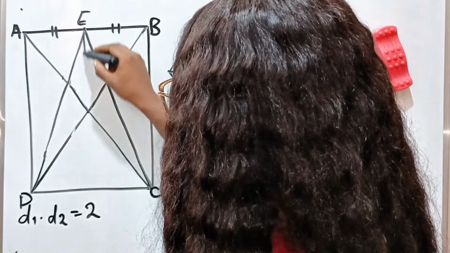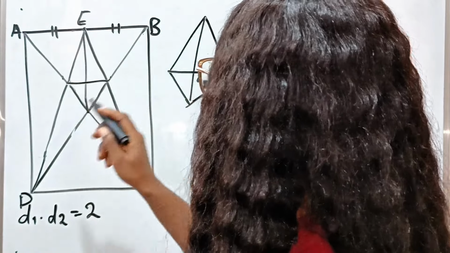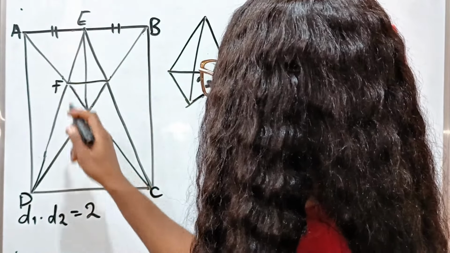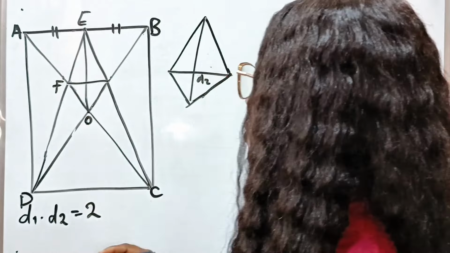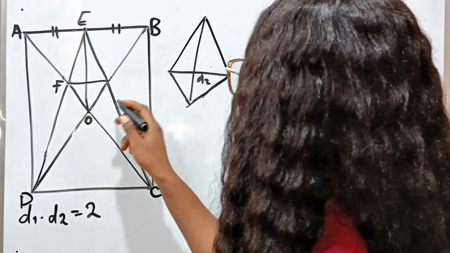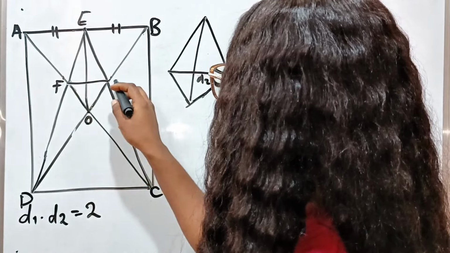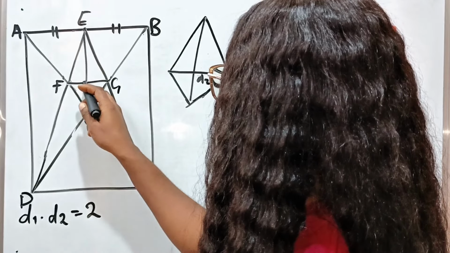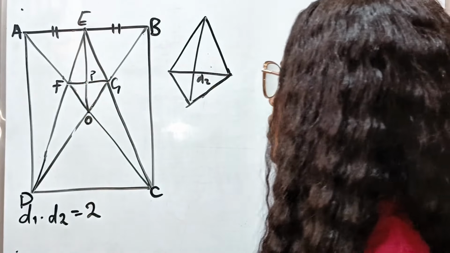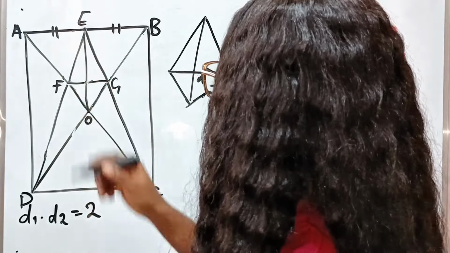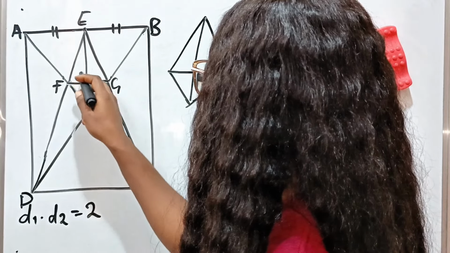We have two diagonals here. Let's call this point F. Let's call this O, their point of intersection. Let's call this EFG. Now this point here, let's call it P, the midpoint.